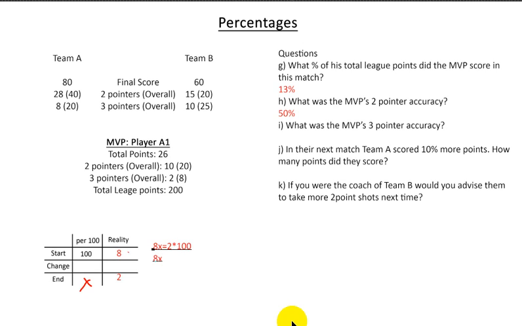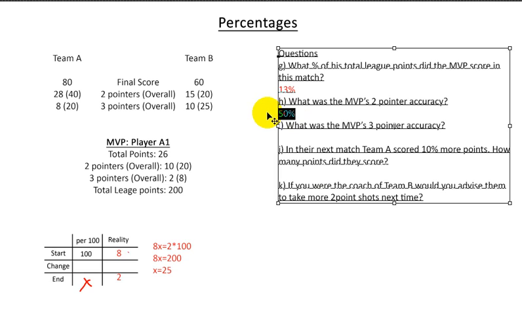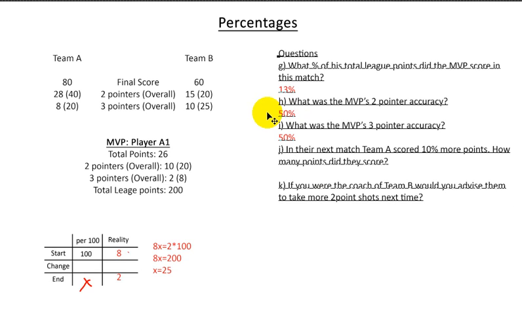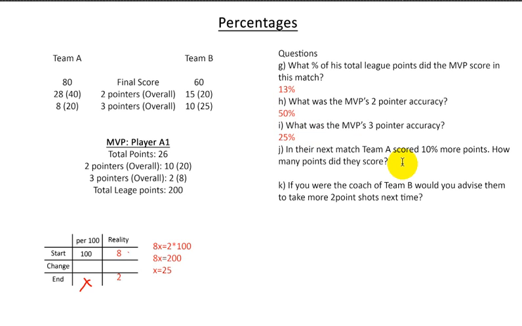So 8x needs to be equal to 200, which means that x is equal to 25. So he scored 25% of his three-pointers.